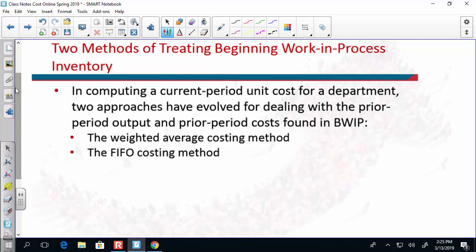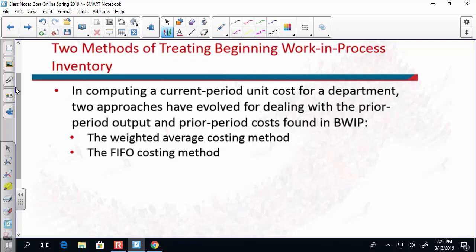With weighted average, we're combining costs from prior periods and the current period and getting a weighted average of that particular cost. With the FIFO method, we keep the layers separate, right? Last month's units are separate from this month's units. So there are advantages and disadvantages between these 2 methods.